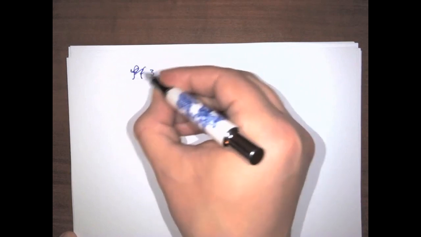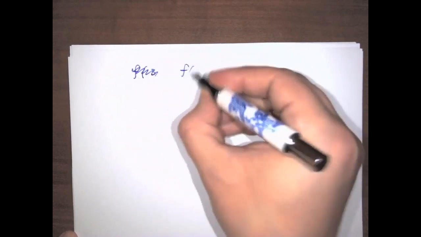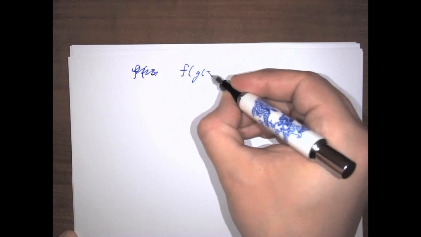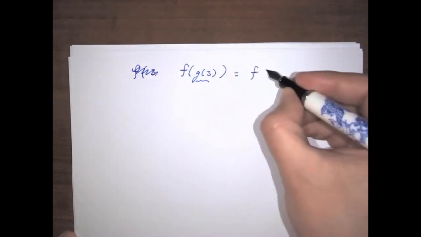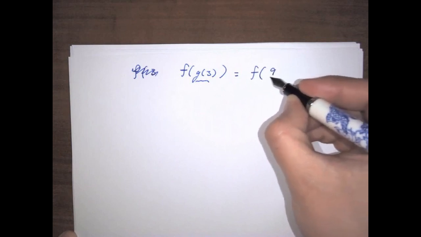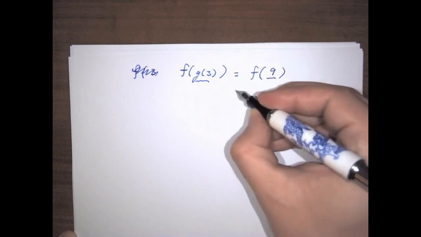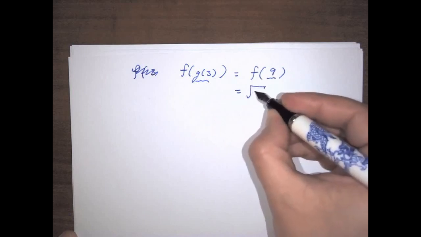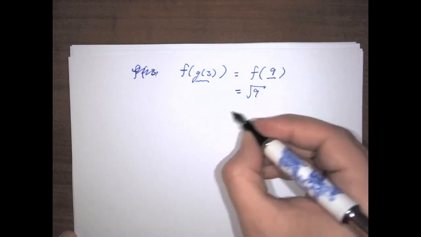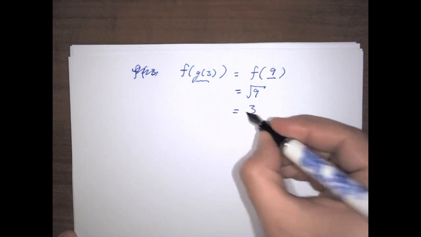F of g of 3, which is equal to f of 9, as we just said. And then that means take 9 and put that into the formula for f. So it's going to be square root of 9, which equals 3.